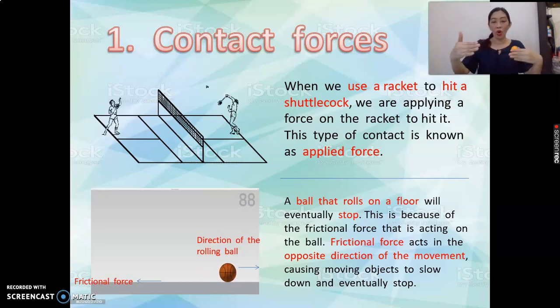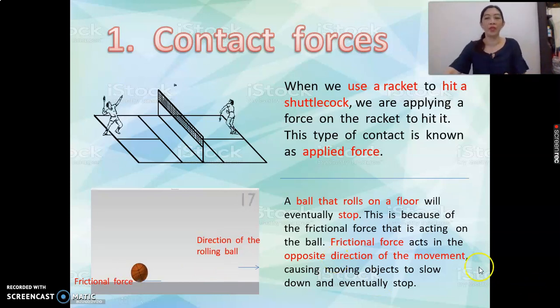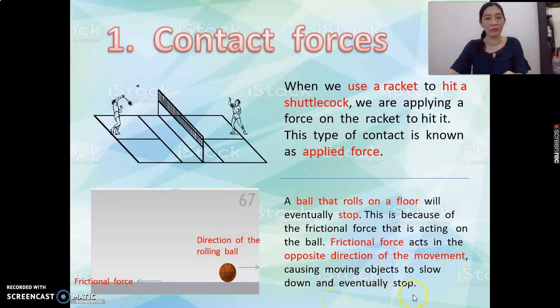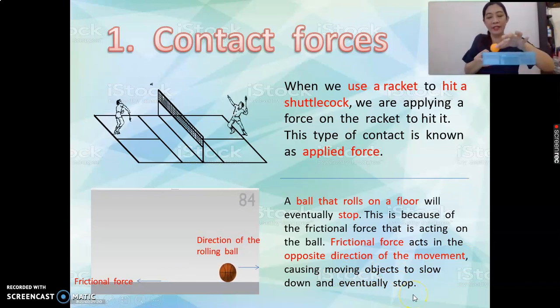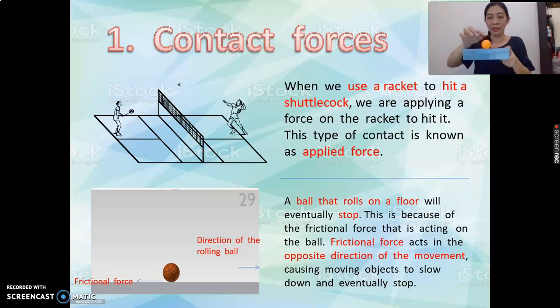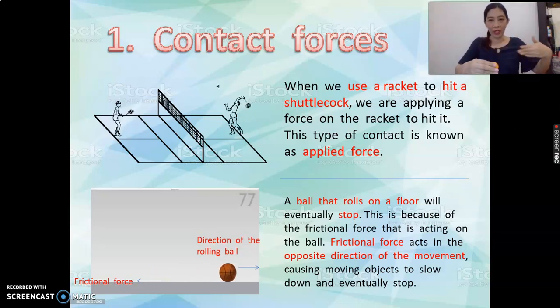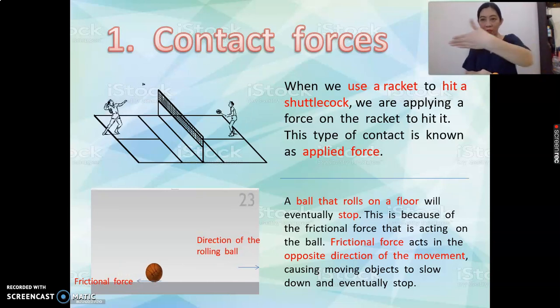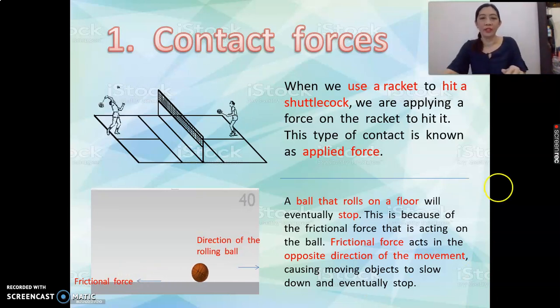So it is opposite to the direction of the movement, causing the moving object to slow down and eventually stop. That is an example of contact forces.